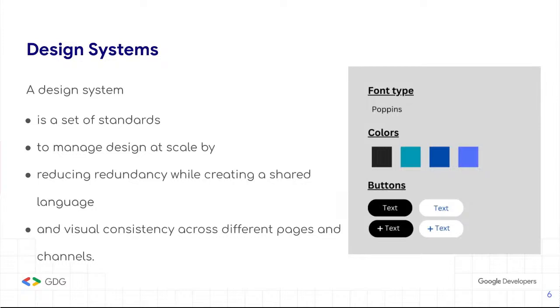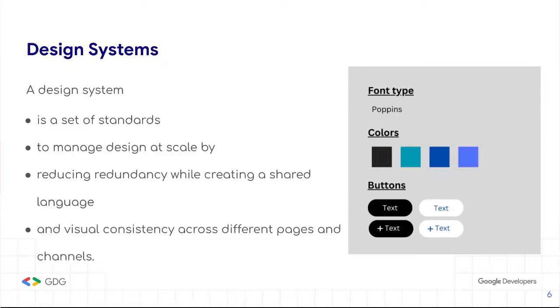So, design system is a set of standards, like I said, a set of rules that is designed by both the designer and the developer, or sometimes it's just the designer, to manage design at scale.